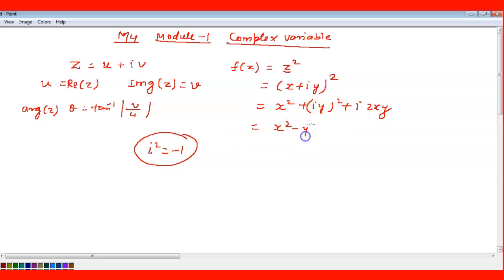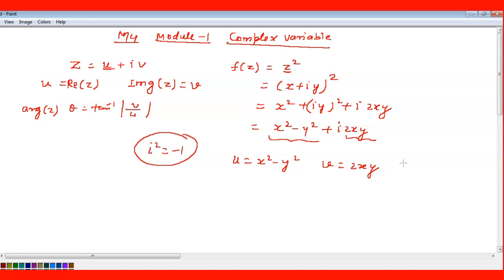So I can write minus y square plus i into 2xy. Along with which i is given, that is the imaginary part, and the remaining is the real part. So we can write u is equal to x square minus y square, this is the real part, and v is 2xy.